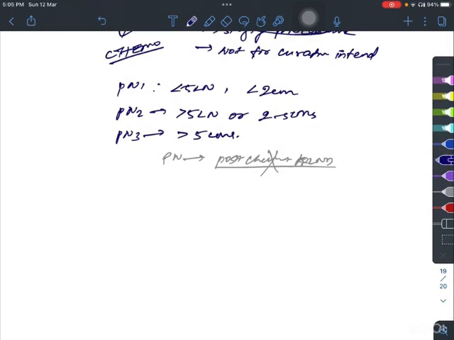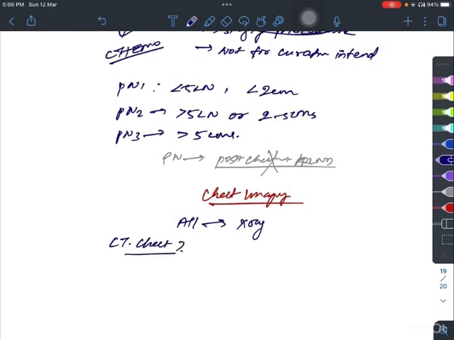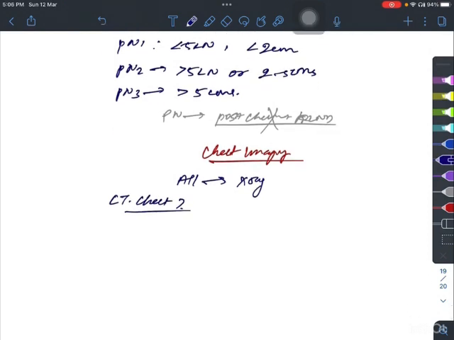So coming to the chest imaging. For all cases, you do chest imaging, that is X-ray of the chest. So which cases do we need CT chest? Let's see the indications for CT chest. If the patient has increased serum tumor markers, we will do a CT chest.